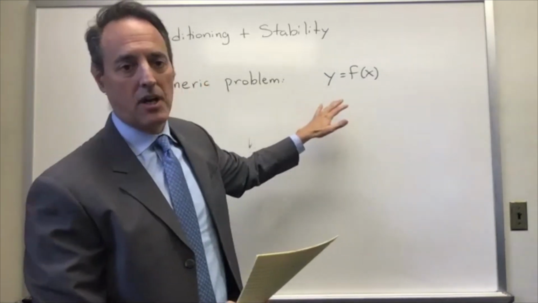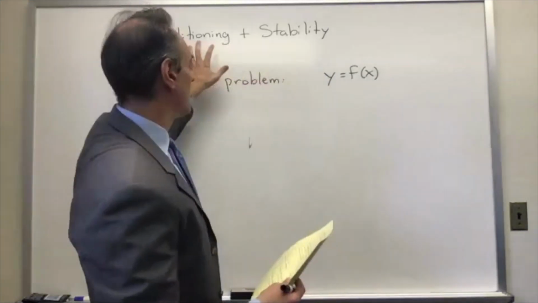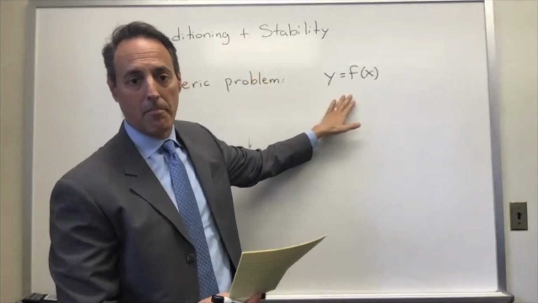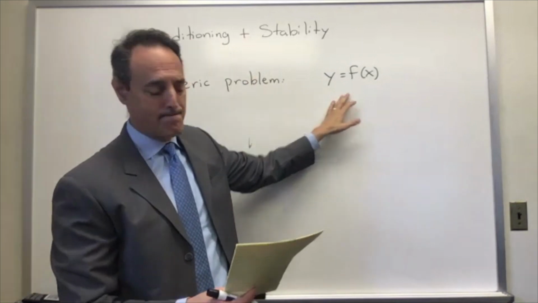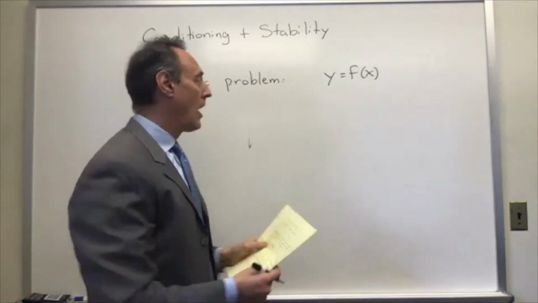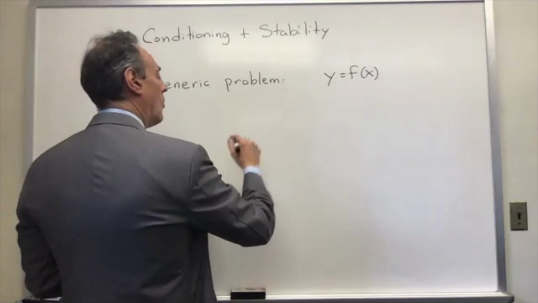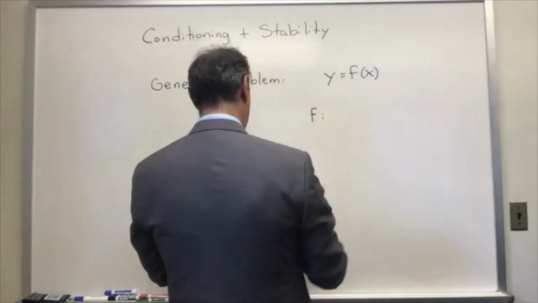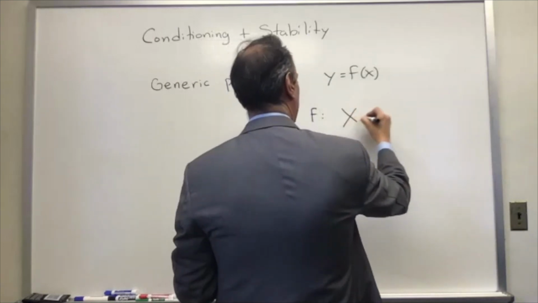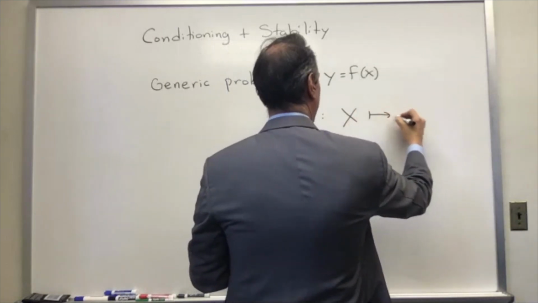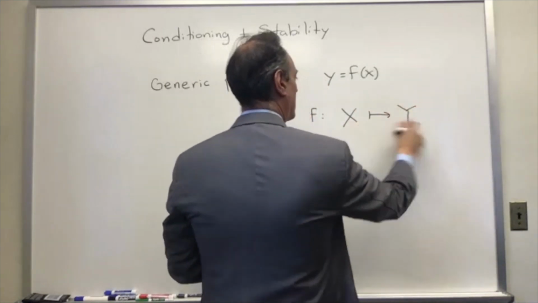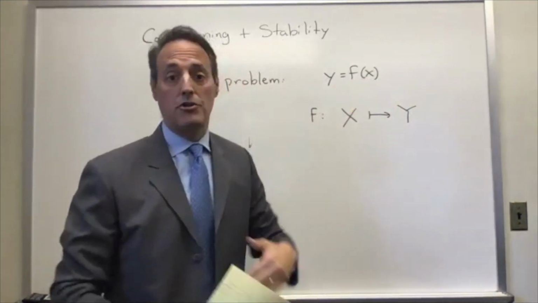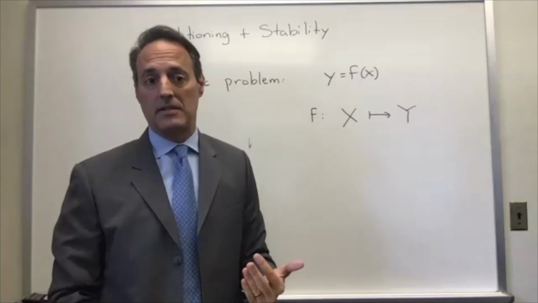And then the question comes: what does it mean in terms of conditioning and stability for such a generic model? More broadly, we can think about this as F being a map from some inputs X to Y. This X and little y are specific instances of data.